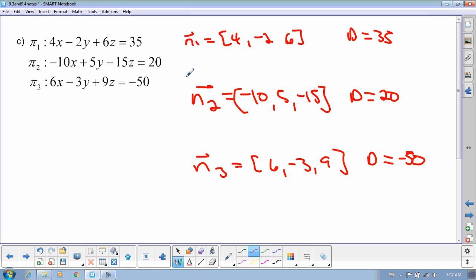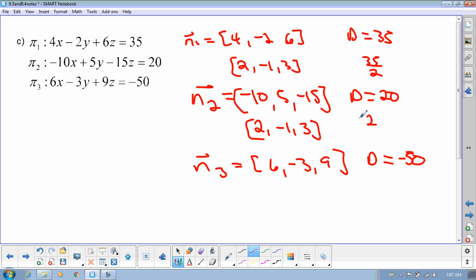All right, so if I reduce everything down to the lowest terms, I'm going to divide out a 2 here. So I'll have 2, negative 1, and 3. So what I do there, I need to do here. So 35 over 2. I'm going to divide by negative 5 right here. So I get 2, negative 1, 3.